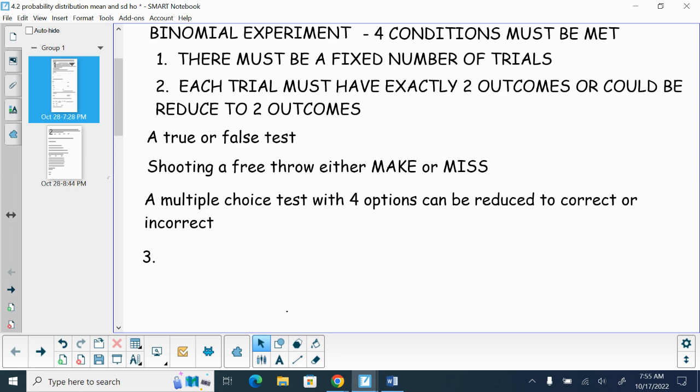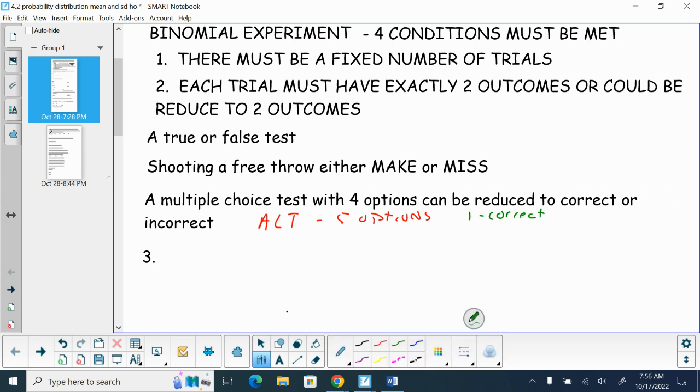ACT. How many options do you have with ACT? Is that 4 or 5? Yeah, 5 options there. So in the ACT test, you have 5 options. You have 1 correct. You have 4 incorrect.